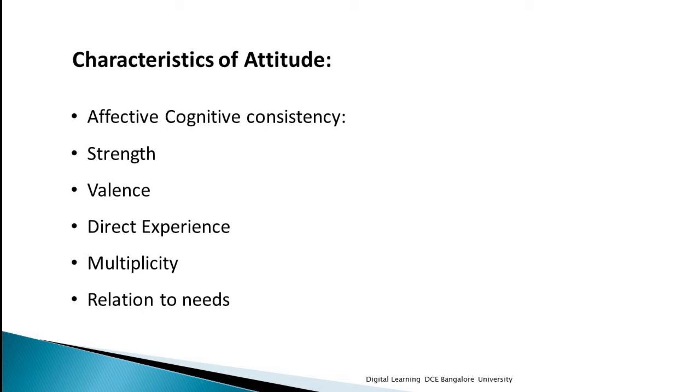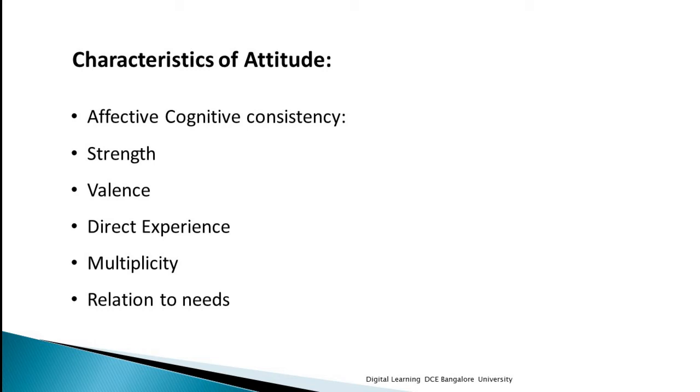Normally our attitudes are based upon our previous experiences. And in case our attitudes are totally based upon our previous experiences, there will be greater certainty regarding how we behave in a particular situation, or how is our attitude regarding a particular situation.